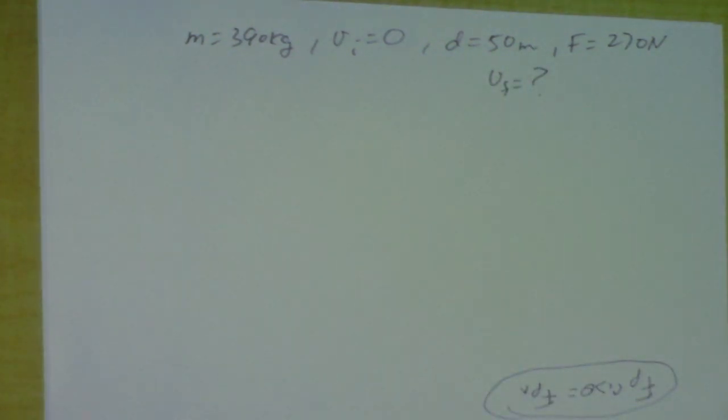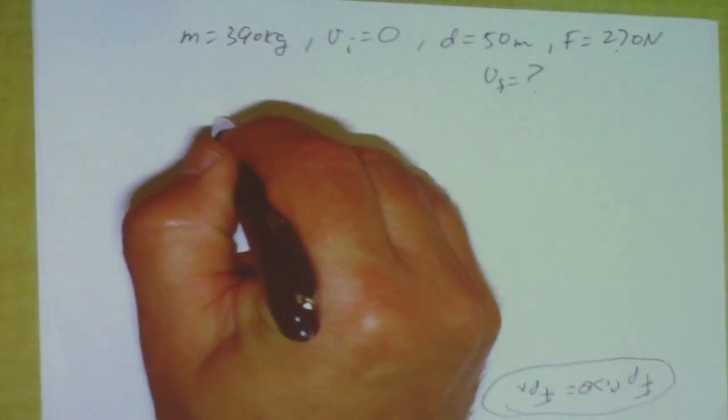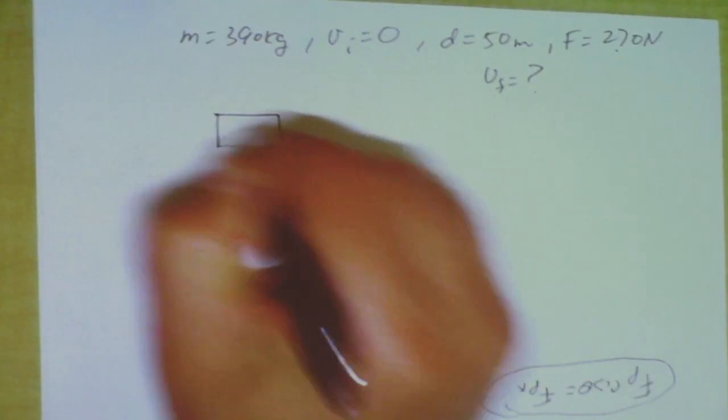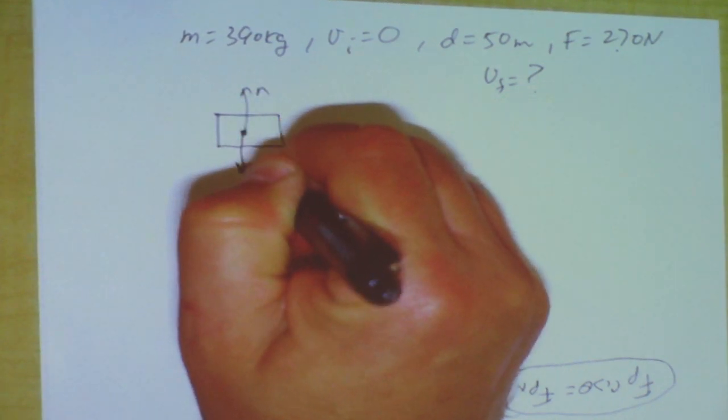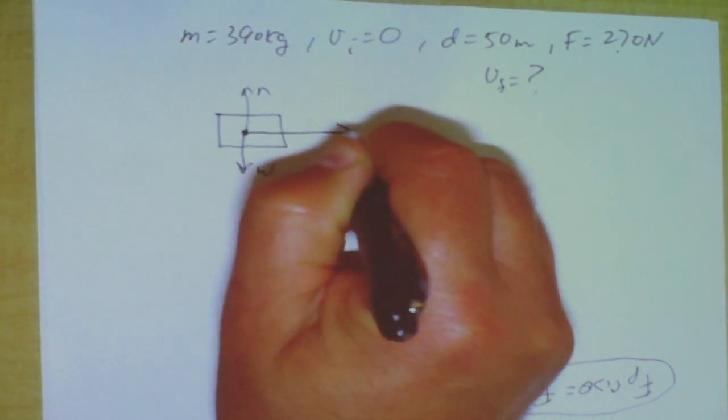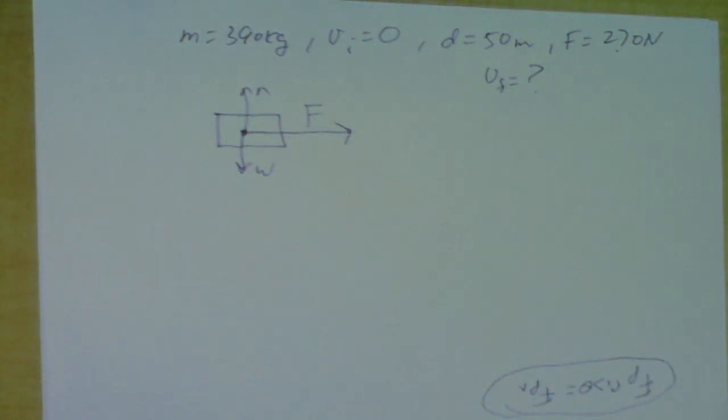That's a hint to use the work energy theorem. I'm assuming this force is lined up with the way the thing is actually moving. I'm just going to represent this as a block with normal force, weight, and this force in this direction.